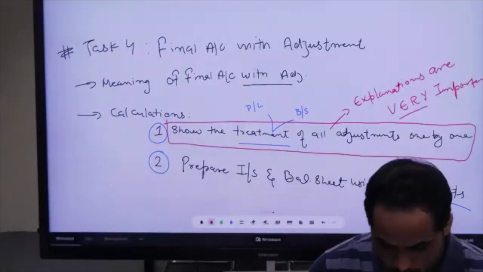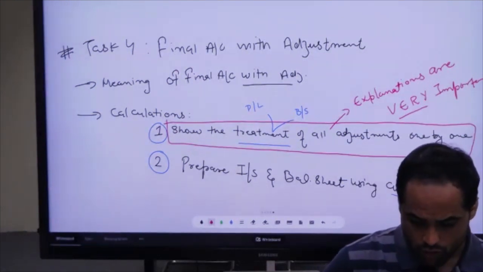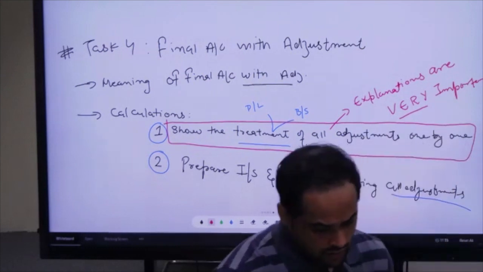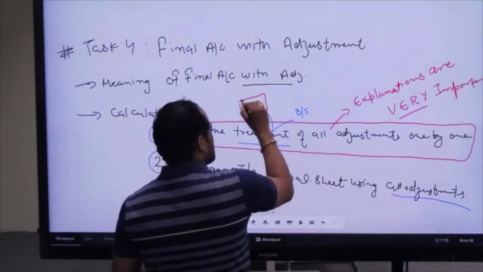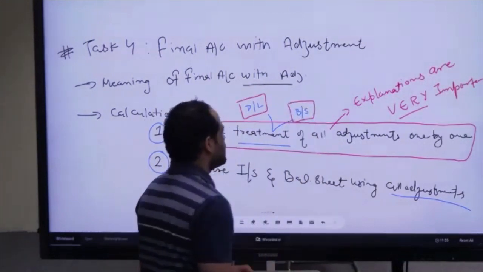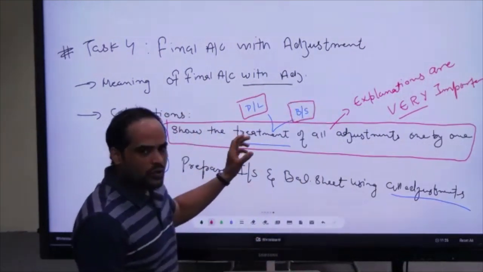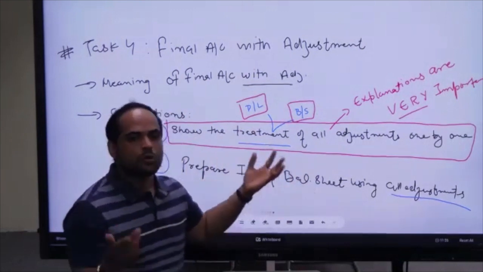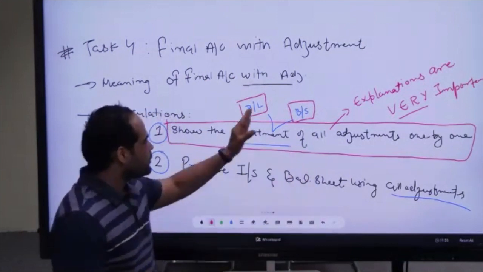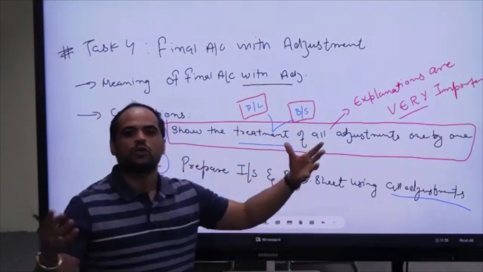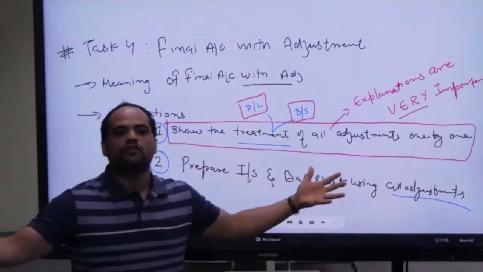The treatment includes the balance sheet. Treatment means profit and loss accounts and balance sheet, which means the meaning of treatment is what will be the impact of this adjustment on this account and this account, like its closing balance. What is the treatment of closing balance?